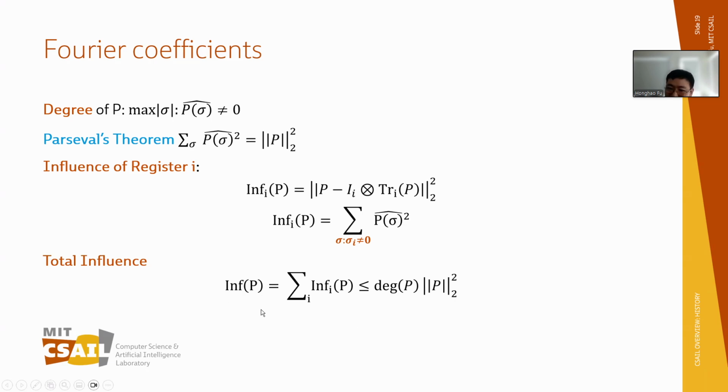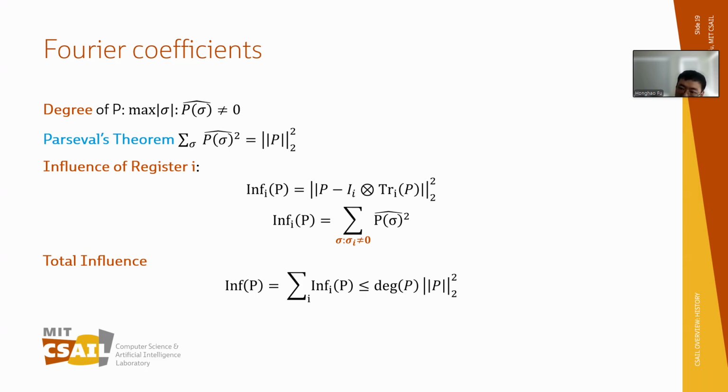If you take the sum over all the individual influences, you should get the total influence of the matrix P. And this quantity is upper bounded by the degree of P times the 2 norm square of P. Basically, if you use the previous equation, you can see each P hat sigma is double counted, and the number of times it is counted equals the weight of sigma.